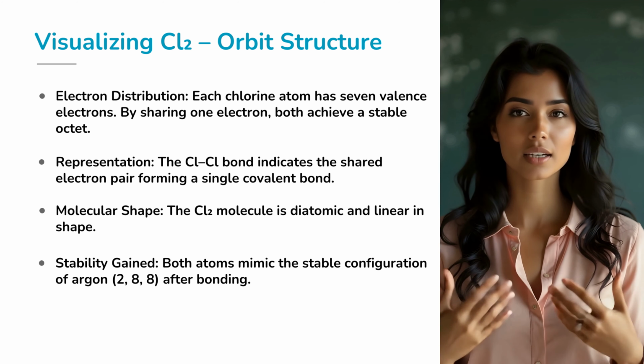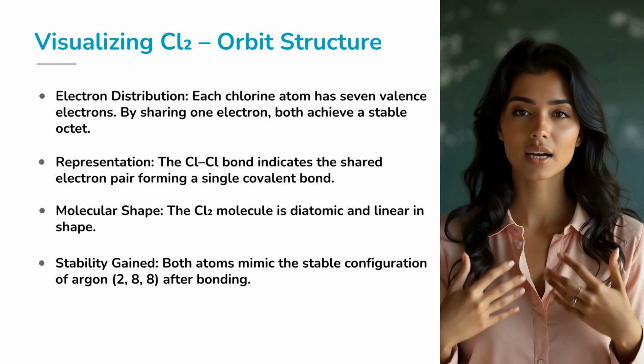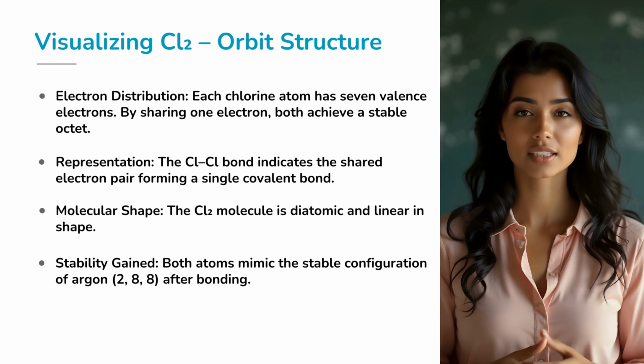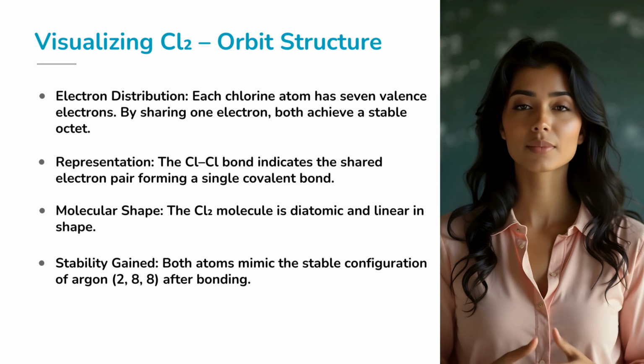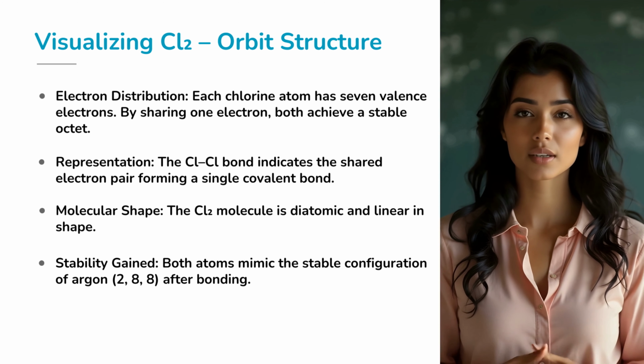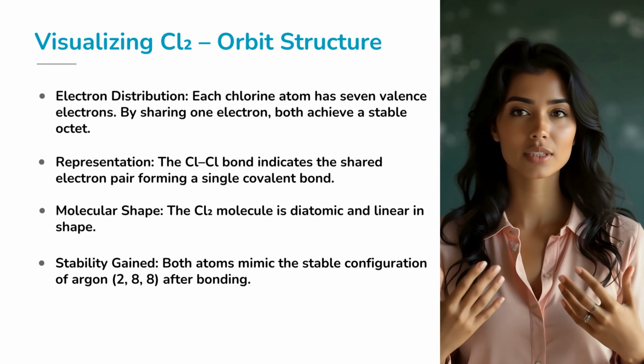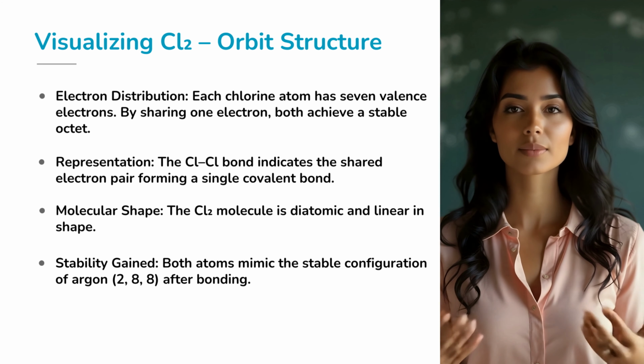This bonding pair is what makes the covalent bond, allowing both atoms to feel like they have 8 electrons, just like the noble gas argon. So the chlorine molecule, Cl2 gas, is held together by this mutual sharing, resulting in octet stability.